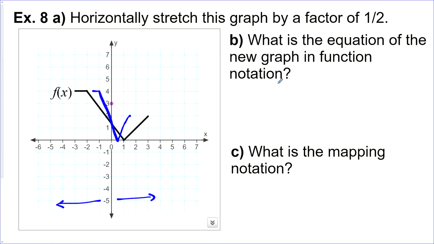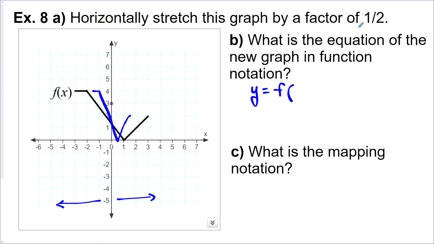What is the equation of the new graph in function notation? We don't actually have this in terms of x, so we have to use function notation in this case. Y is equal to, and this is a horizontal stretch, so that means we're working inside the function. So f of.